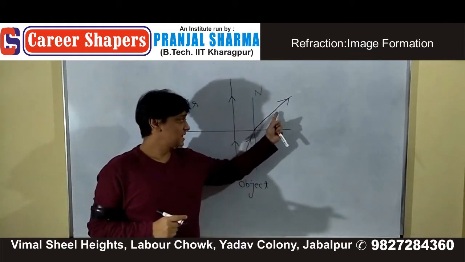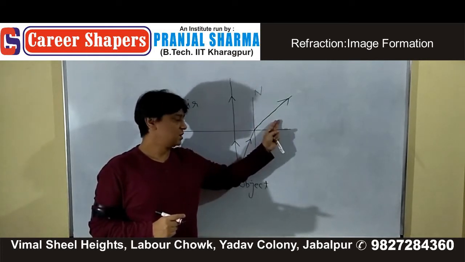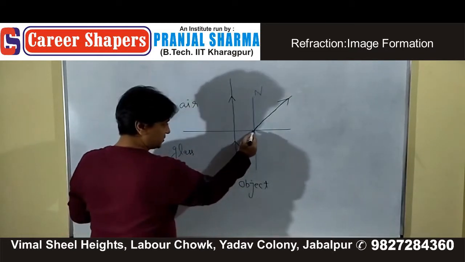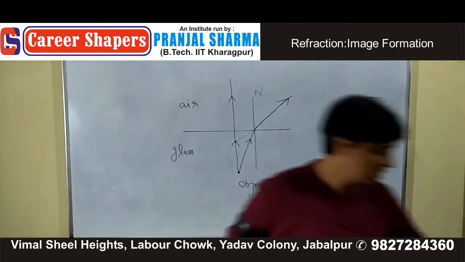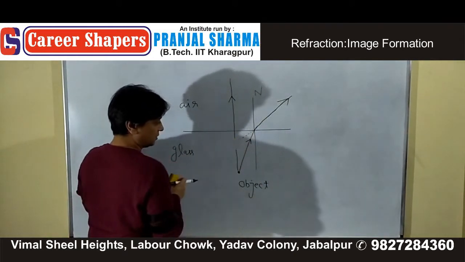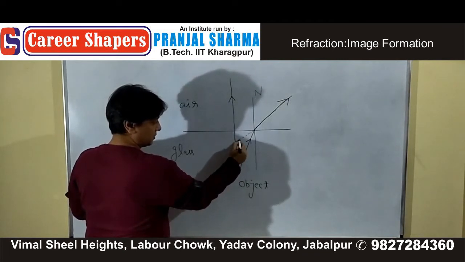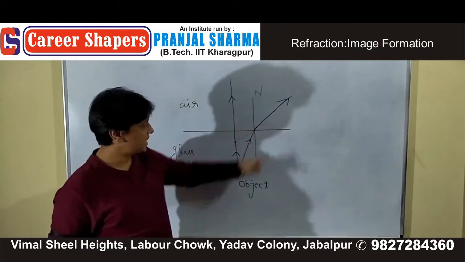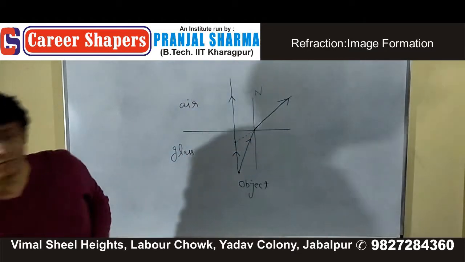First refracted ray, second refracted ray, intersection of these two refracted rays will give us what? Image. And that intersection takes place somewhere here. This is the position of image.